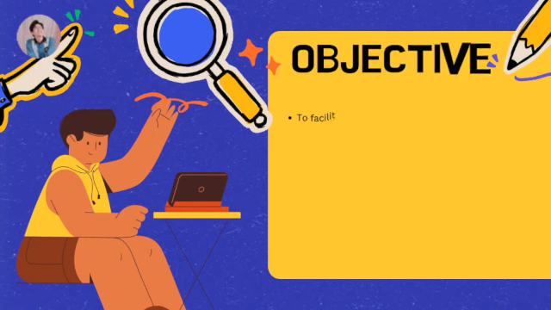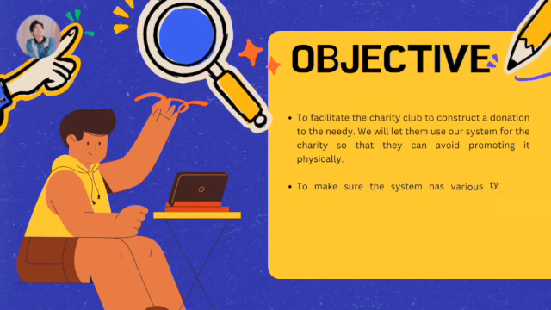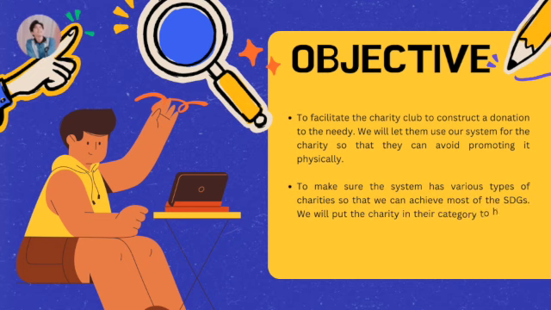Okay, next. I'm Ila Farhana binti Muhammad Azlan. I will present the objective. So our objective for this system is to facilitate the charity clubs to construct a donation to the needy. We will let them use our system for charity so that they can avoid promoting it physically.